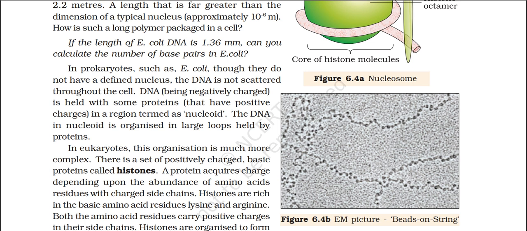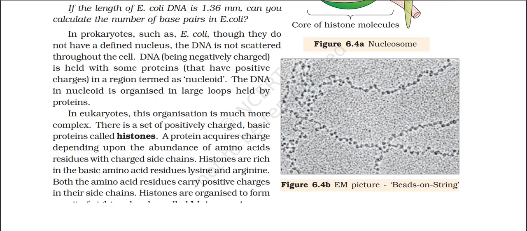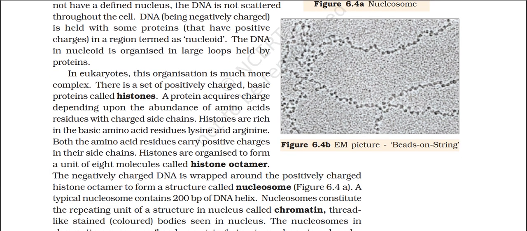In eukaryotes, this organization is much more complex. There is a set of positively charged, basic proteins called histones. A protein acquires charge depending upon the abundance of amino acid residues with charged side chains. Histones are rich in the basic amino acid residues lysine and arginine.